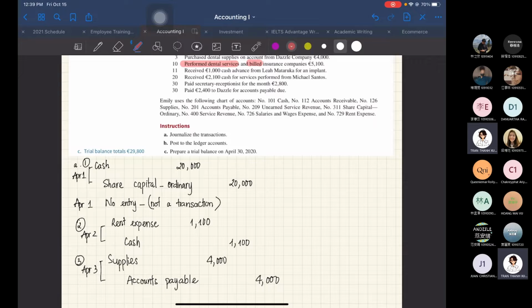We have a service revenue or cost of goods sold account. Service revenue records your revenue after you sell goods or perform the service. For this situation, because they are dental clients, they perform the service, so their revenue will be recorded to the service revenue account.